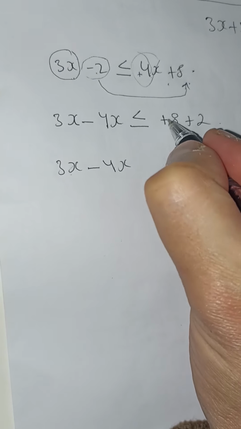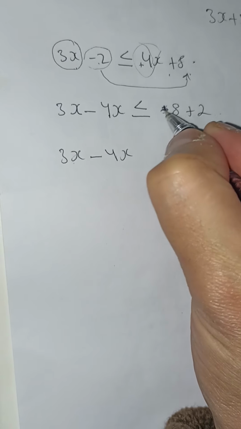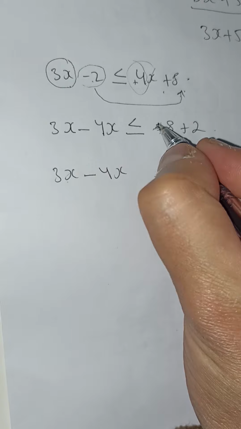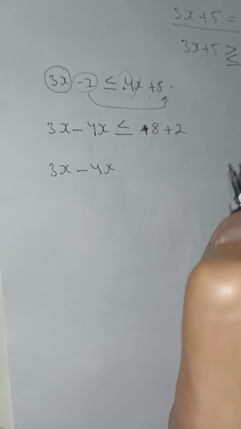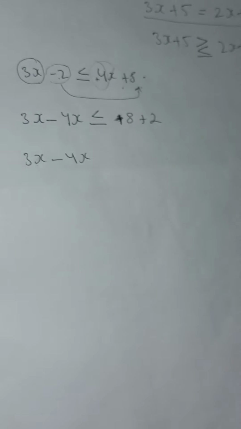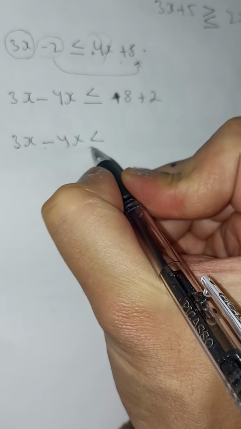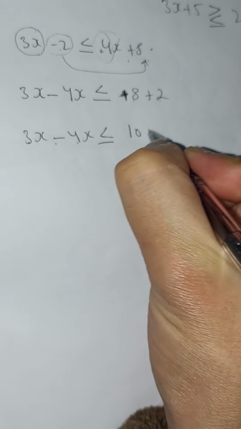Here I have used this plus, but we don't need to use it. If you use it, it's okay, but normally the plus sign is not needed. Everybody knows that this is plus. So 3x minus 4x is less than or equal to 8 plus 2, which is 10.